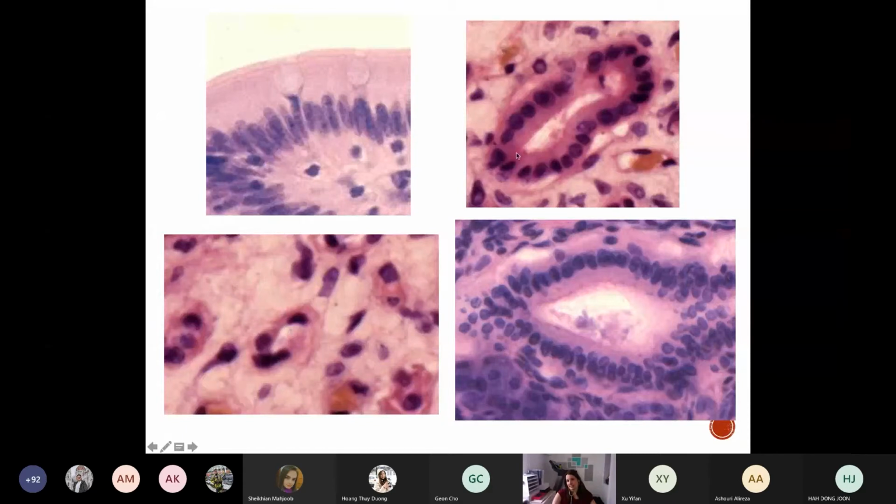In 2 dimensions, we can see an oval structure with a lumen inside. If we transform it into 3 dimensions, then most probably this will be some kind of tube which we cross-cut. In the middle of the tube we can see the space, the lumen, and around the tube you can see some other tissue, in this case connective tissue.